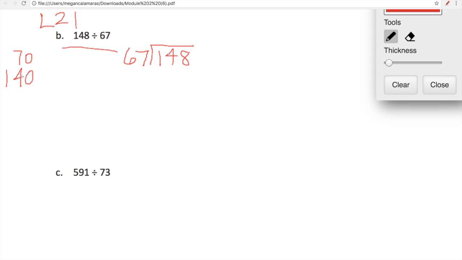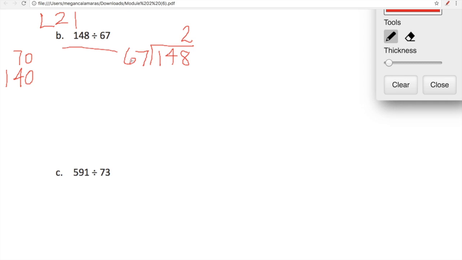I'm actually just going to pause there because 148 is pretty close to 140. So I'm going to think there's about two 67s that live inside 148. So I am going to write my 2 above the 8 because we're looking at how many 67s live inside 148.